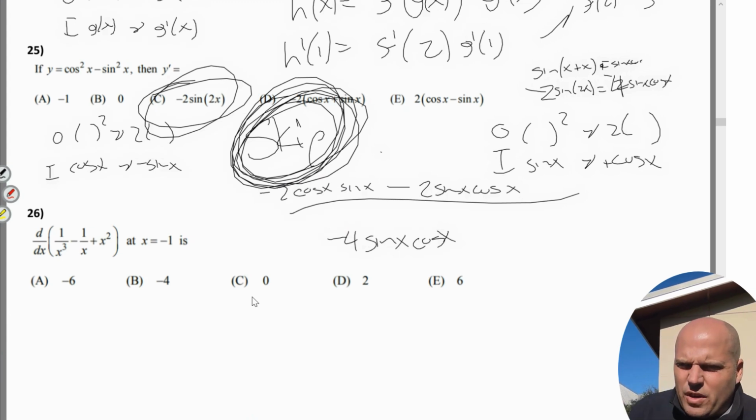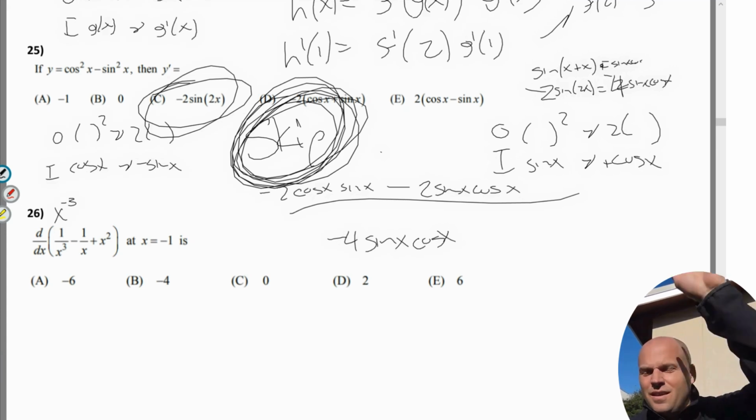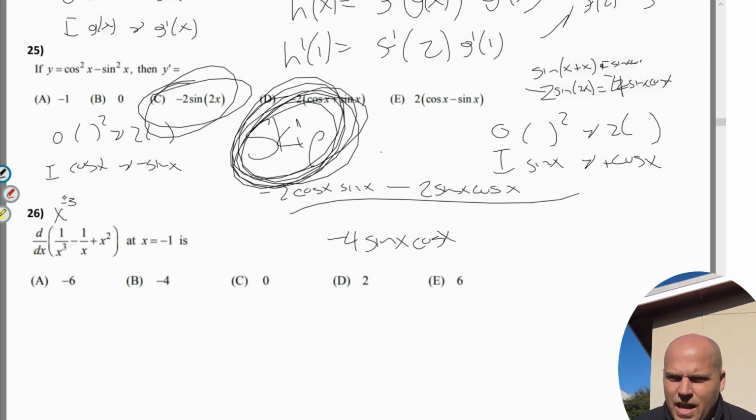If I'm taking the derivative of 1 over x cubed, I'm starting as x to the negative third. Or I'm using the quotient rule, but it takes too long. So I'm bringing the exponent down, subtracting 1. I got negative 3x to the negative fourth. I'm writing this as x to the negative first, bringing the exponent down, subtracting 1.